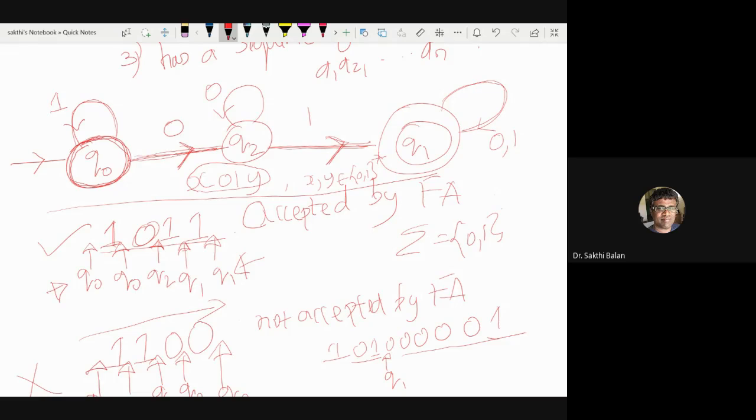So you need to have at least 2 states other than Q0. So you need at least 3 states to do this automata. Okay, so this is an example of a finite automata that accepts a string W in such a way that W has a 0, 1 substring in it.